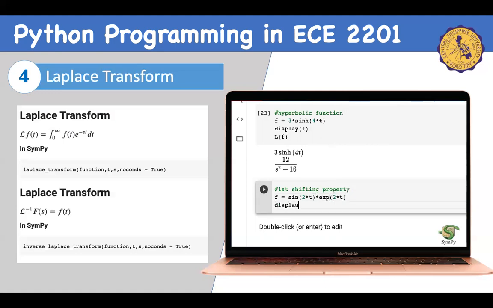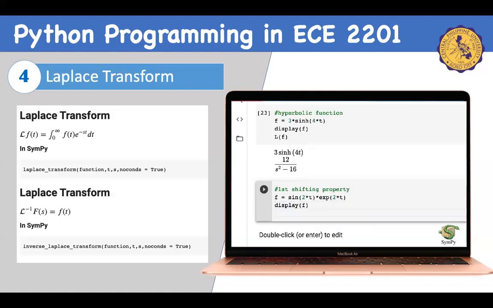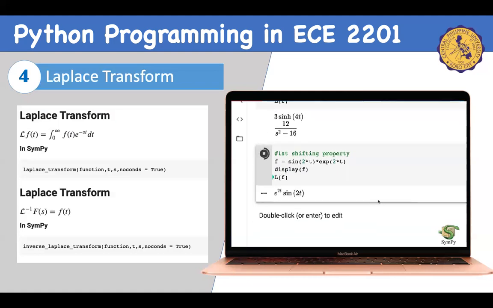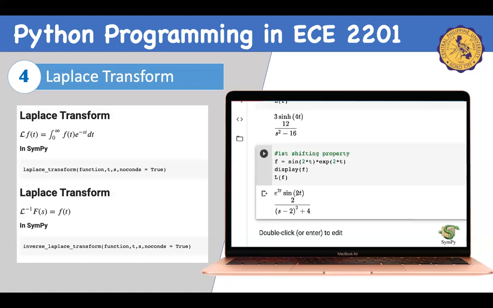Let's display this first. Display the function, and then take the Laplace transform. Run, and there you go. That's the Laplace transform of the shifted sinusoidal function.